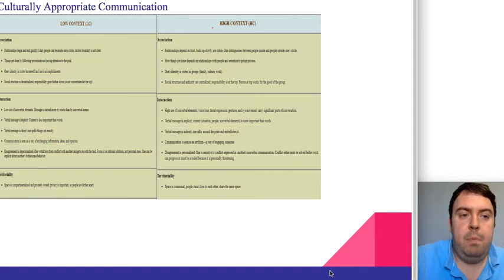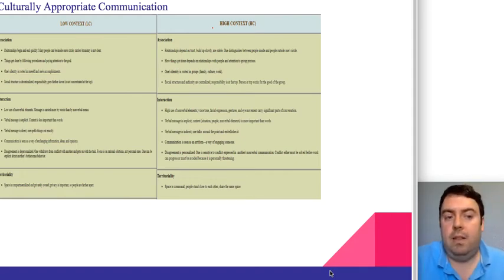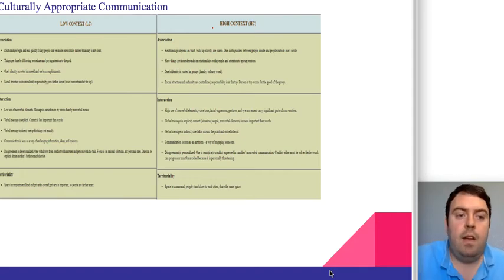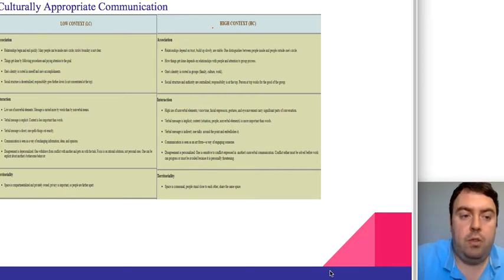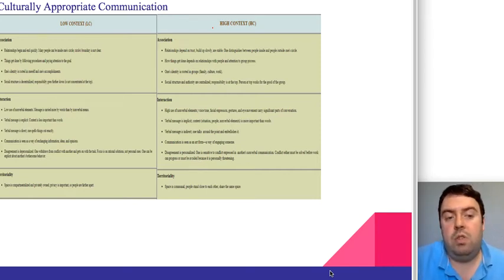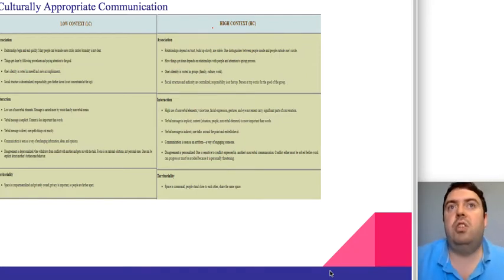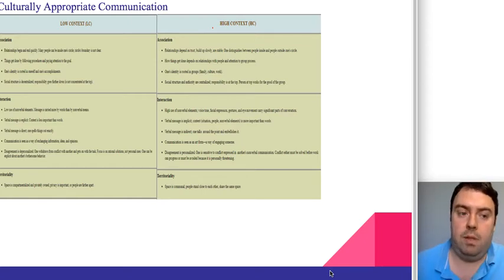Also, people from low context cultures, so like the US, for example, are very explicit and straight to the point. They're direct. And primarily, communication is used to exchange information or to get one's opinion or point of view across, or their wants and desires across. Communication has less of a social purpose, but more of a practical purpose.